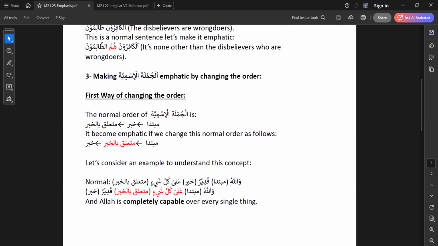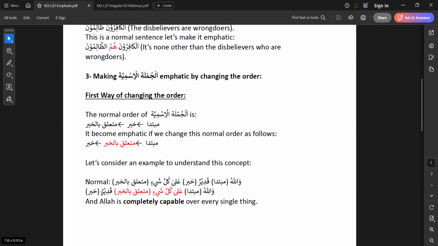As we've studied before, if you change the order and put the muta'alliq in between, we get Wallahu ala kulli shay'in qadir, and we see this many times in the Quran. If you weren't aware, now you know why the order is like this. We have the mubtada, then the muta'alliq bil khabar, then the khabar.